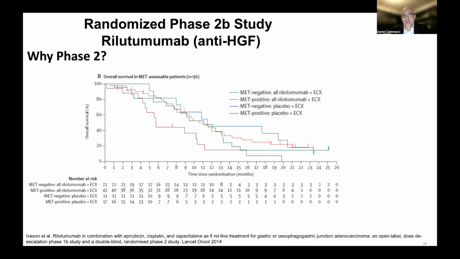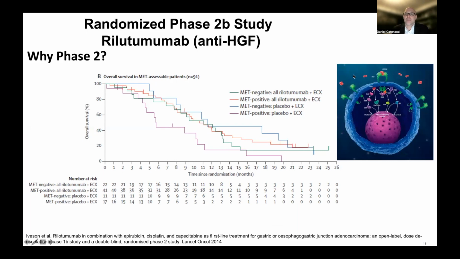And a number of therapies were designed to inhibit this pathway, one of which was rilotumumab, which was an anti-HGF or hepatocyte growth factor ligand inhibitor, which is the red in this figure we talked about in the targeted therapies video. And so the idea being if we neutralize the ligand, then we would decrease signaling of MET, decrease oncogenic potential of the cells, and improve survival.